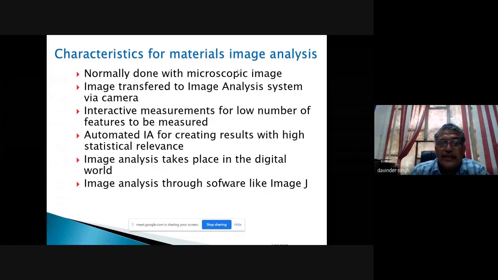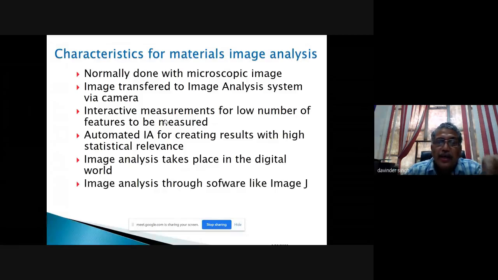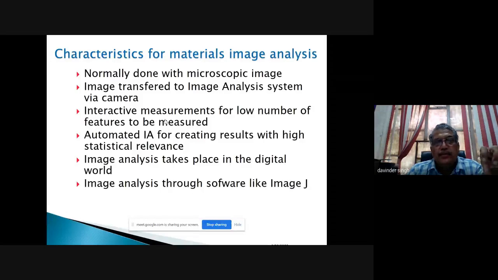So it means the image has to be analyzed. Normally this microscopic image is taken when you take the camera picture. Generally you have the CCD camera, charge coupled device. The image is captured and digitized, because it gets the analog picture and then converts it to a digital image, and simply on the screen you are getting the digital image.